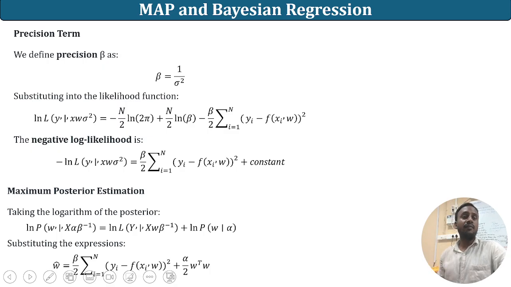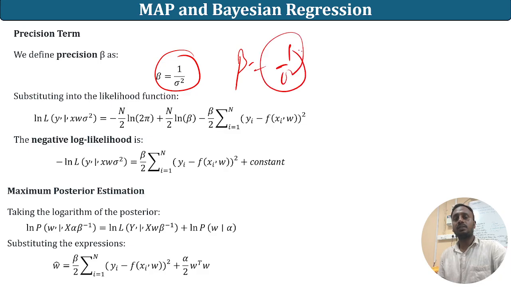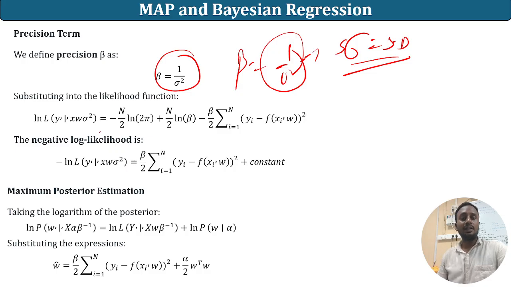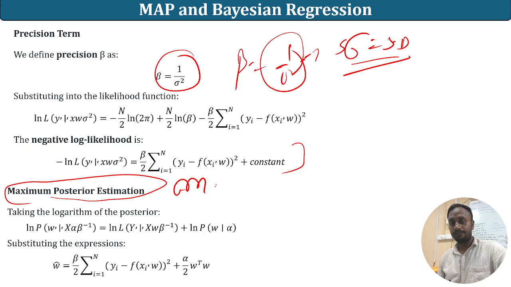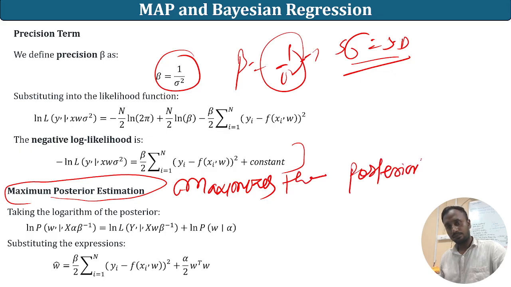What is the precision term? We define precision beta as beta is equal to 1 by sigma square, where sigma is the standard deviation. Substituting the likelihood into the log function, and then the negative log likelihood function, we have to go to maximum.